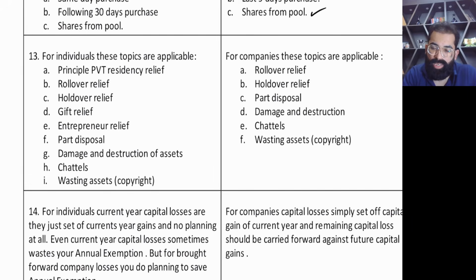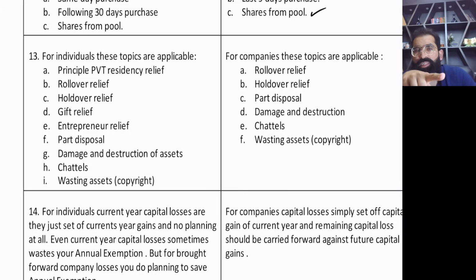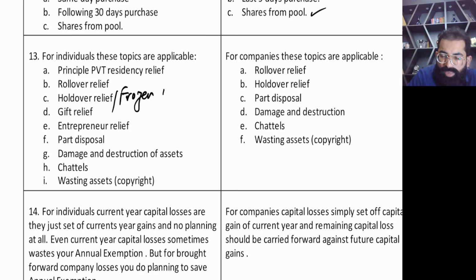As far as CGT is concerned, all these topics are included in individual CGT. Principal private residence relief is only for individuals, not for companies. Rollover relief is there in both. Holdover relief means frozen gains. Frozen gains are available for both, but gift relief is only available for individuals. There is no gift relief in companies, because for gift relief there should be family members, human beings.